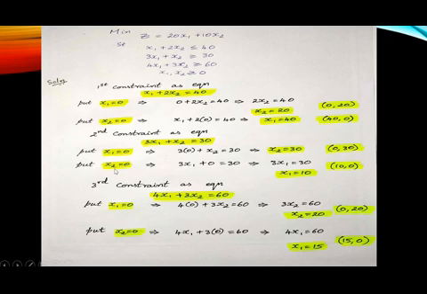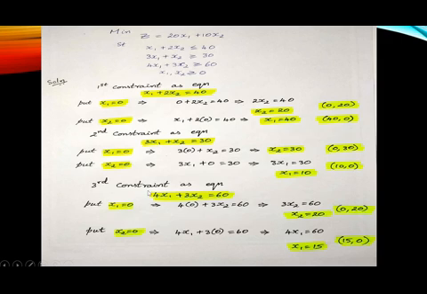Now I put x2 = 0. That makes the equation 3x1 + 0 = 30, which makes 3x1 = 30, which implies x1 = 10. The point is (10, 0).